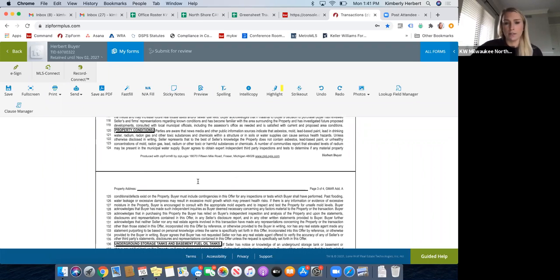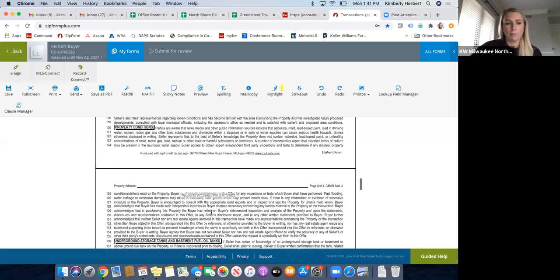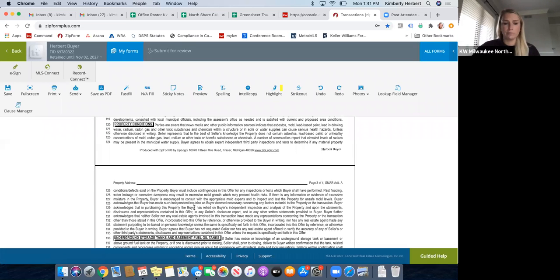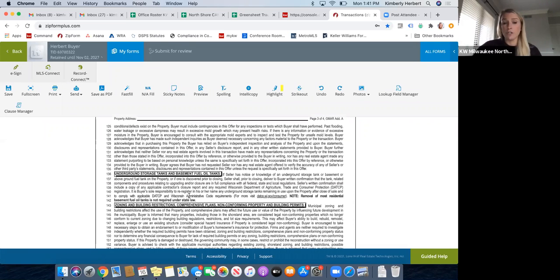This disclosure is somewhat similar, more or less talking about asbestos, lead-based paint, unhealthy concentrations of mold, radon gas. Buyers encouraged to consult with the appropriate experts, do their due diligence, etc. Underground storage tanks and basement fuel oil tanks.